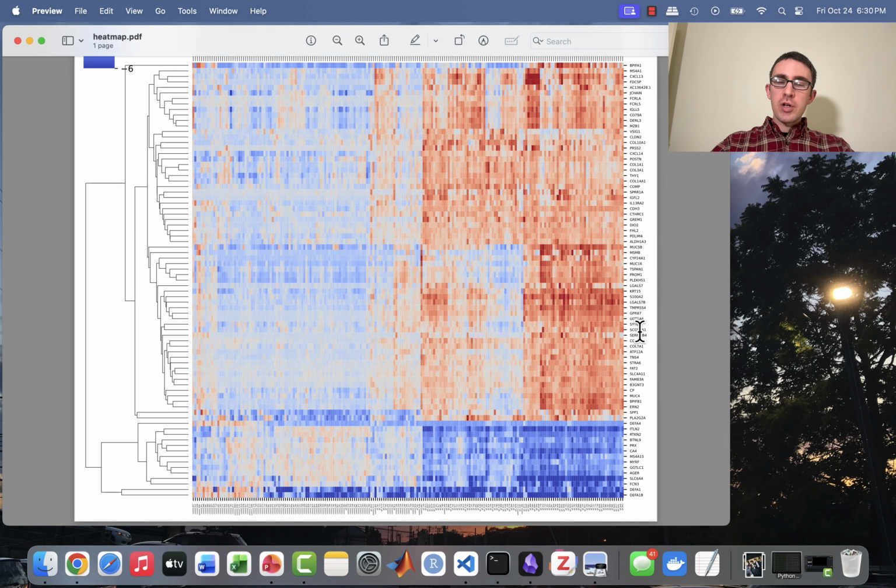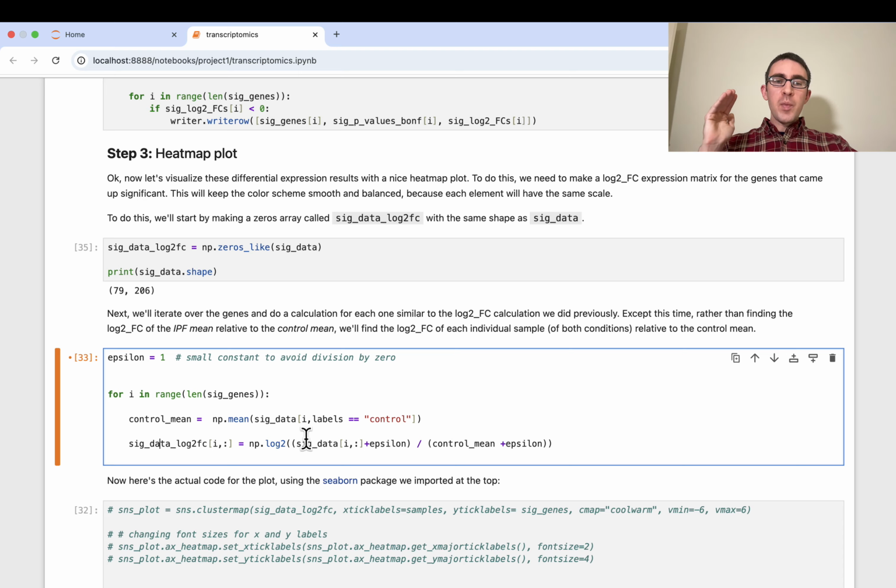We set the corresponding row to be the log2 of the ratio of each sample's expression measurement in sig data over the control mean, again doing this epsilon trick of adding a small constant, which will be 1, to both the numerator and denominator, to both the top and bottom of the fraction, to avoid any division by 0 errors or log2 of 0 errors.